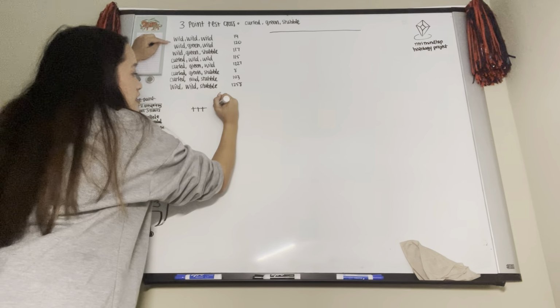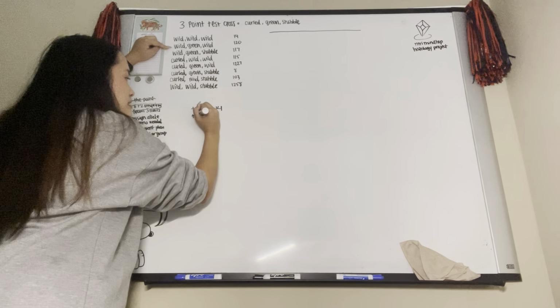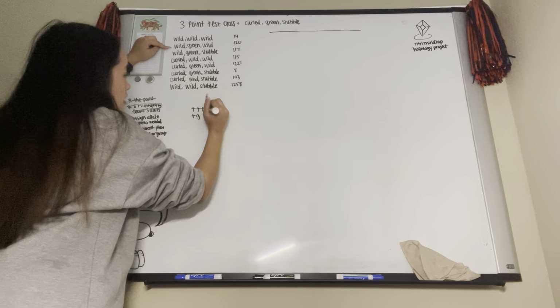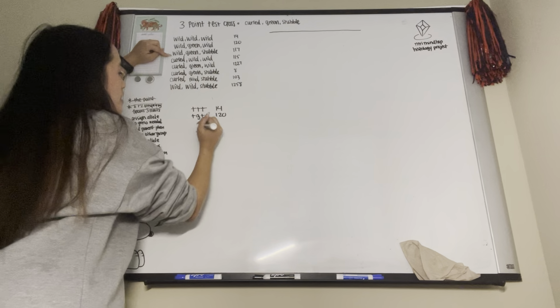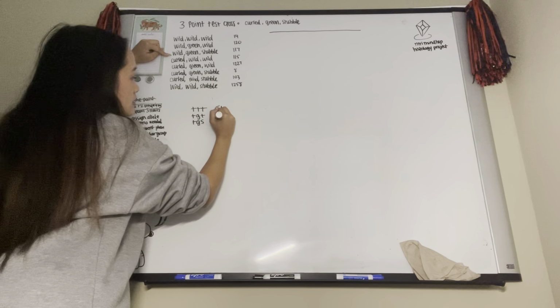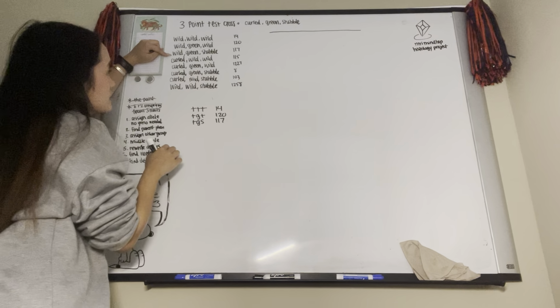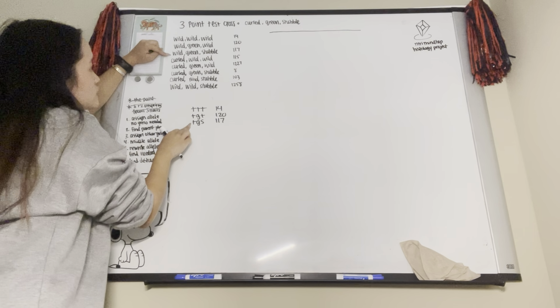So we have 14 for that one. Wild, green, wild. So I'm going to do plus, we'll put G for green, and then another plus for wild, and there's 120 of those. And then wild, green, stubble, we're going to put S for the stubble, then 117. So right now what we have so far is plus plus plus, plus G plus, and plus G S.